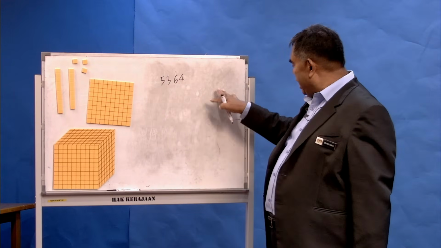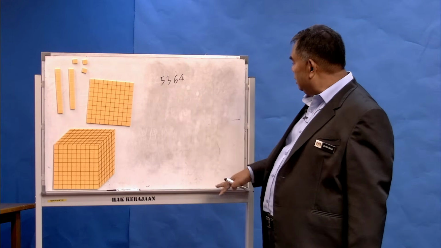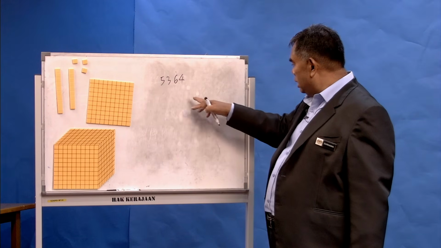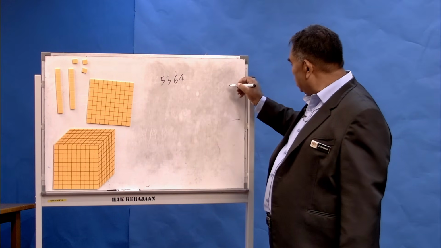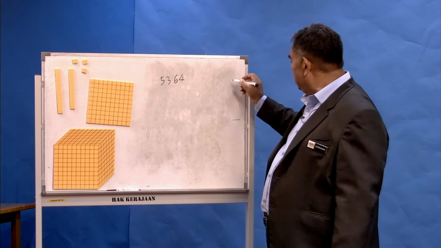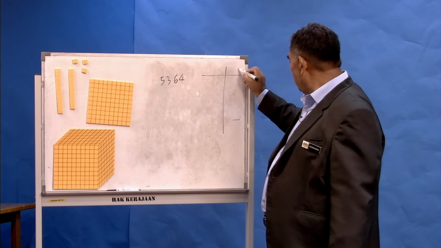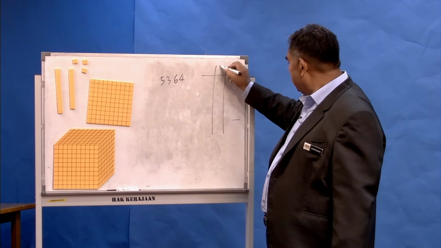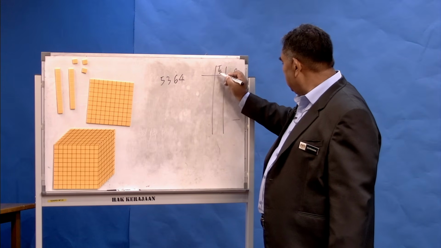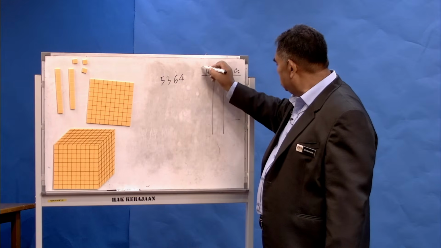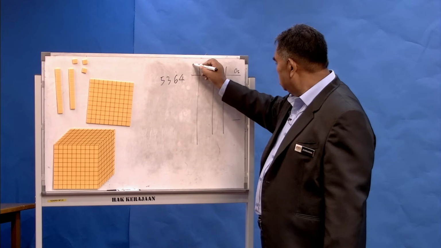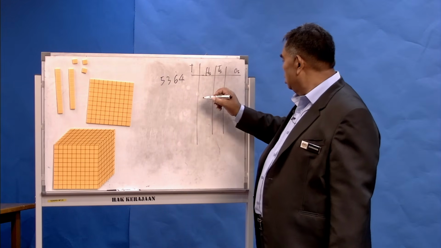If we introduce the place value, it's a 4 digit number.